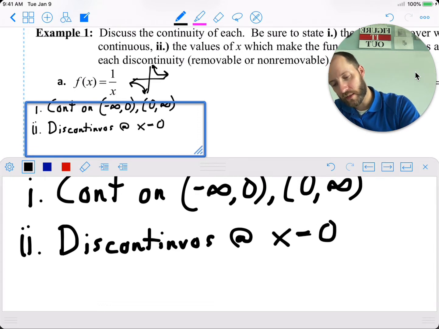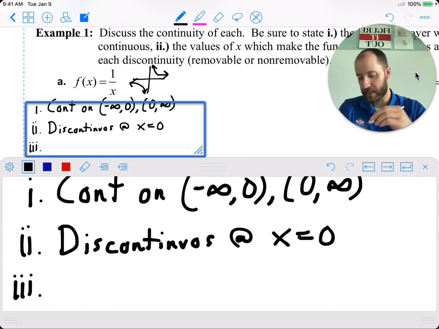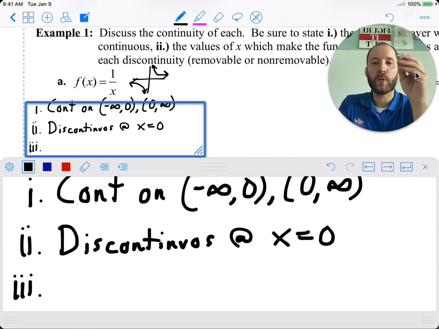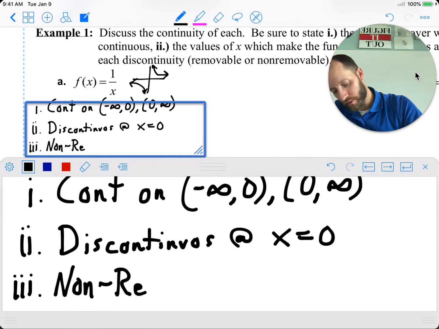Just a single point. And step 3, is it removable or non-removable? Well, 1 over x has no factors you can cancel out. So that discontinuity would be non-removable.